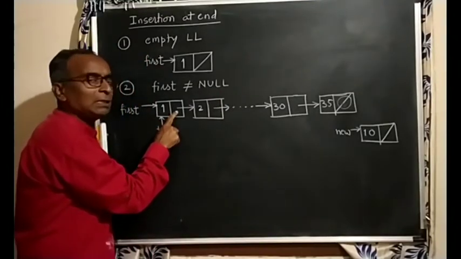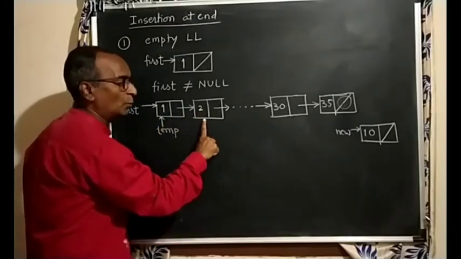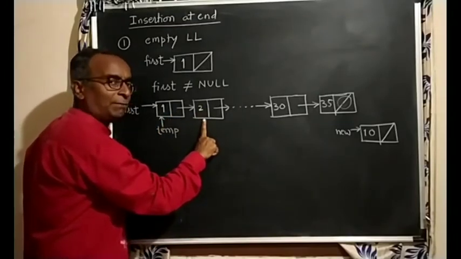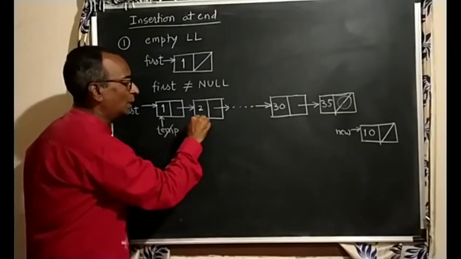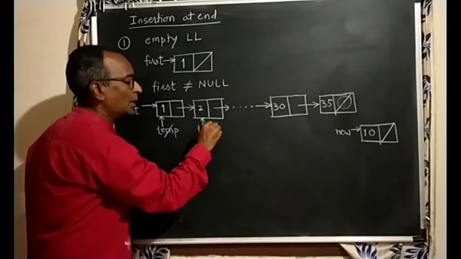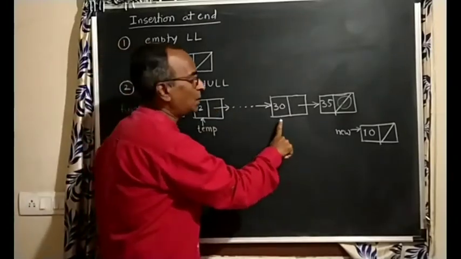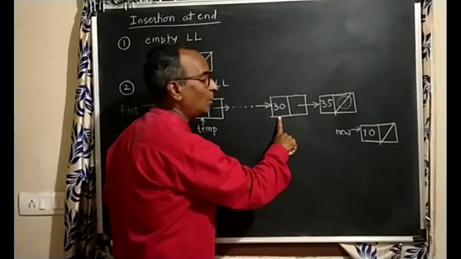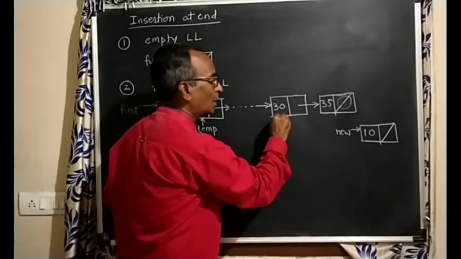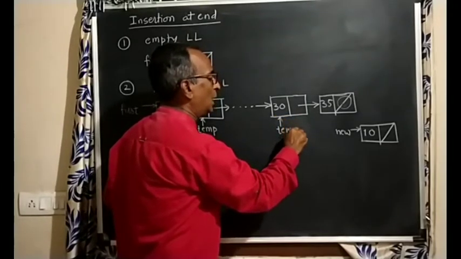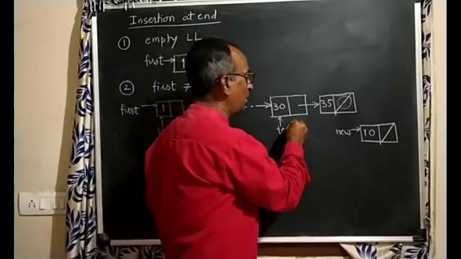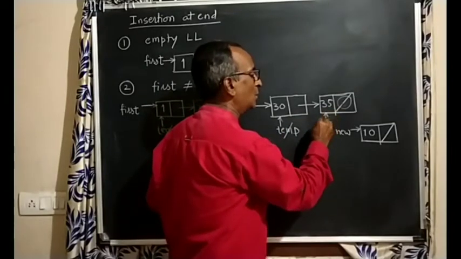Whether temp's link field is null? No. Move. Whether temp's link field is null? No. Move. Whether temp's link field is null? No. Then I'll move this temp again.